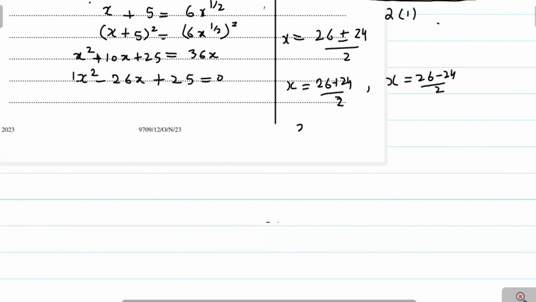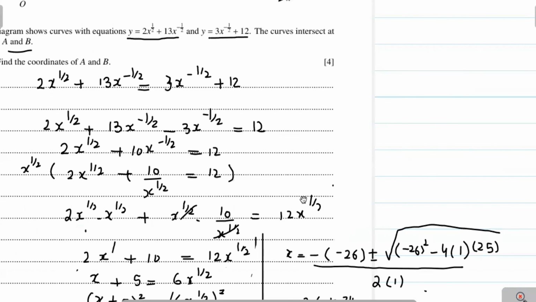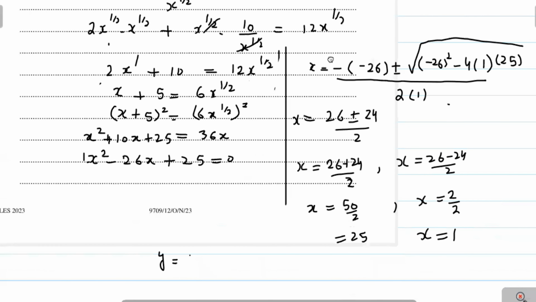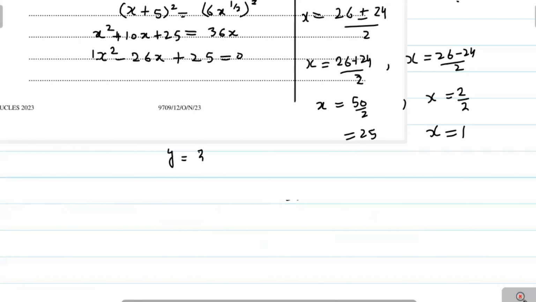Now x equal to 50 over 2, and this will be equal to 25, and here x equal to 26 minus 24 over 2, and this value x equal to 1. Now we put the values in any equation of the curve. The second equation is y equal to 3x power minus 1 over 2 plus 12.